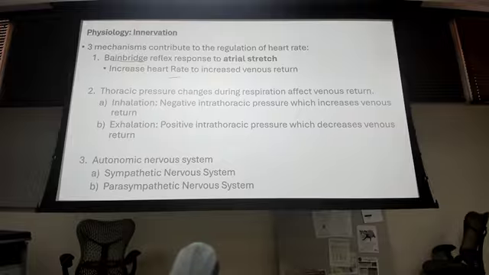So what the Bainbridge reflex does is it senses that increased stretch on the atria because of the increased preload, and it triggers the heart rate to increase to get rid of that extra volume. Does that make sense? Okay.